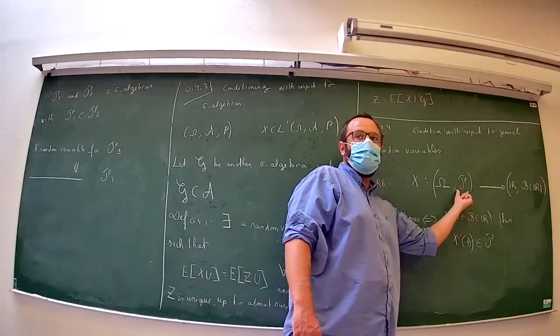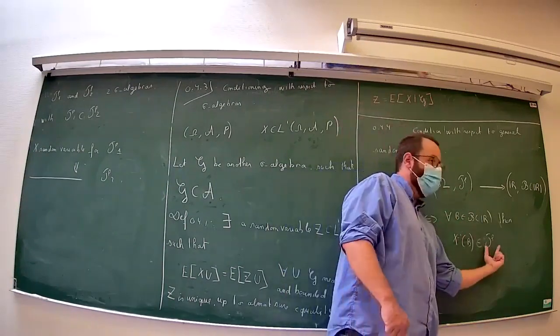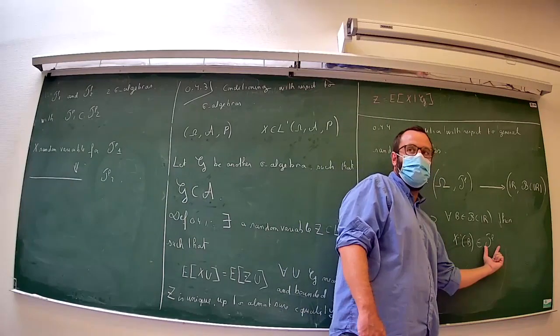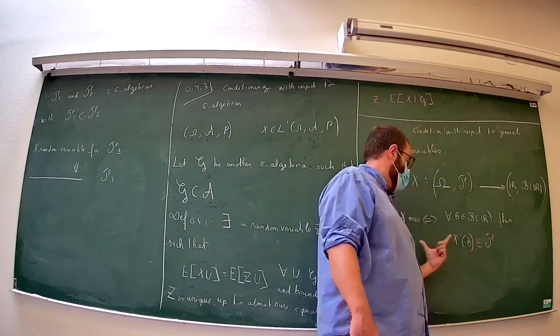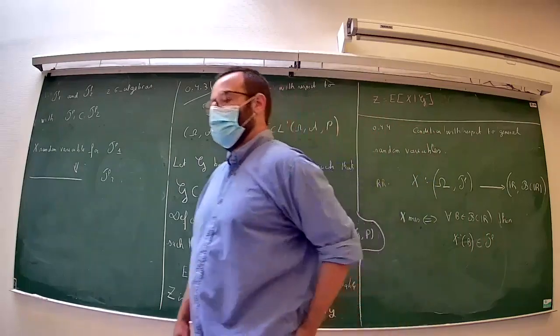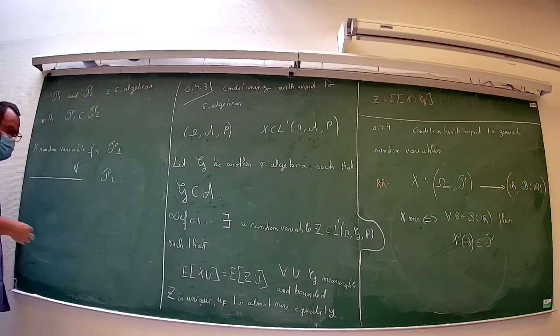That is to choose F, the smallest I can, in order to fulfill this definition. It's what we call the sigma algebra generated by X. It's a definition in the beginning of the lecture notes, so I hope that you have read them.